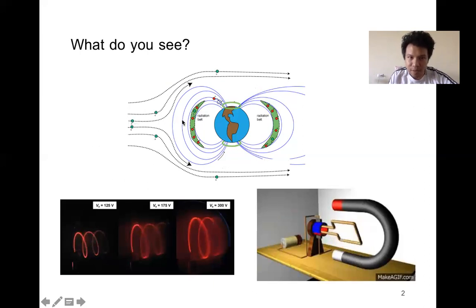But there are going to be some particles from the sun that can come to the North Pole and to the South Pole through the magnetic field of the Earth, and this leads to the famous phenomenon of the aurora.